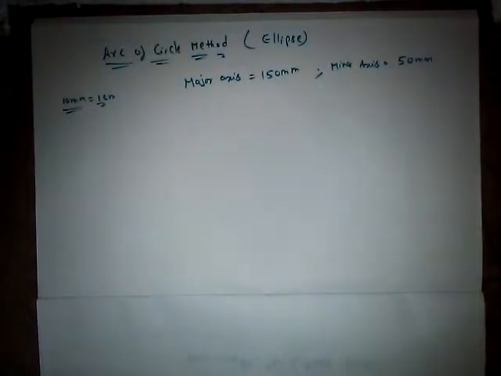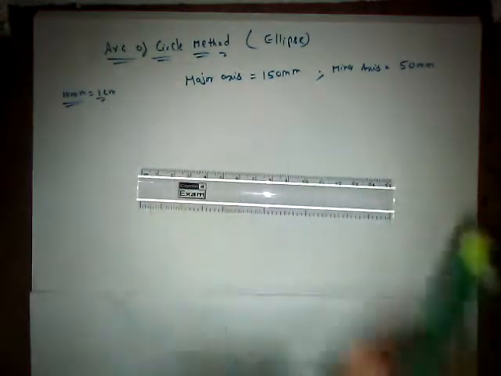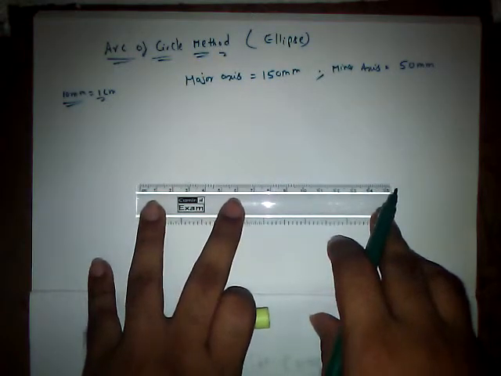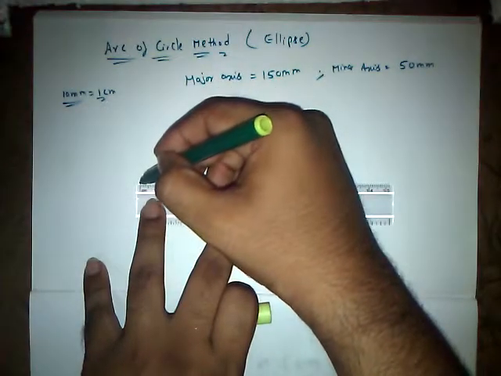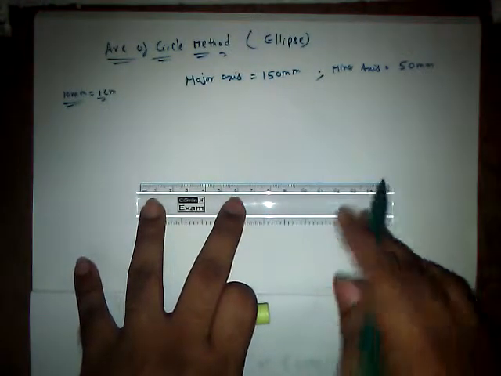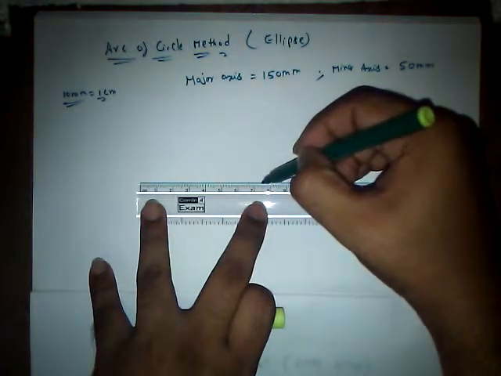So I am taking the scale. As I said, it's 150 mm, which is nothing but a 15 centimeter scale. I am going to take the center, that is 7.5. So here it is.